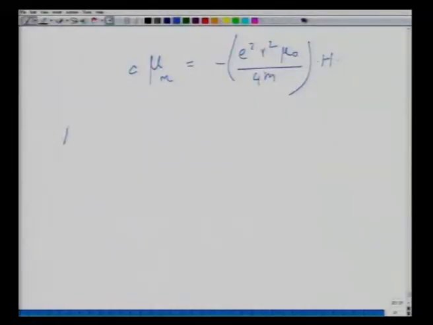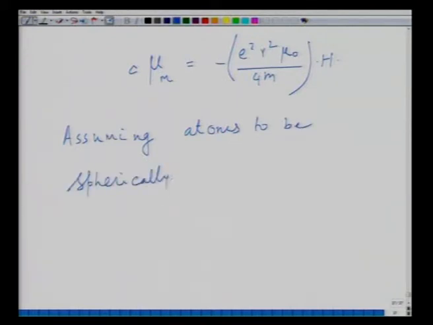Now typically, if you take atoms to be spheres, so let us say assuming atoms to be spherically symmetric, this r square essentially changes to 2 by 3 r bar square, where r bar is the mean radius.